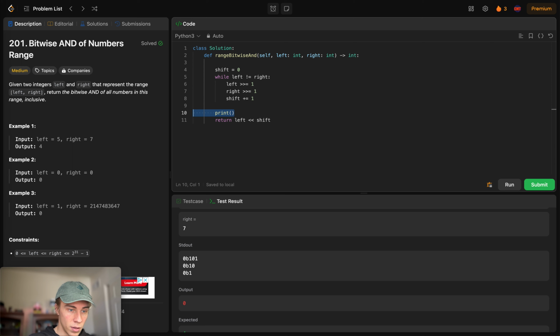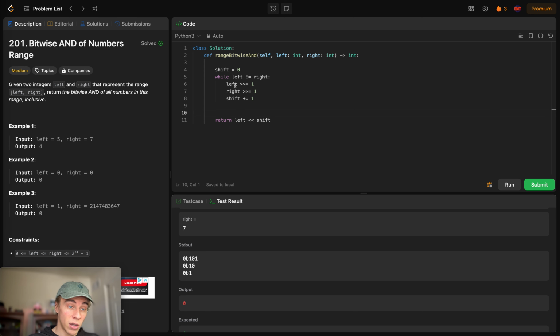What I'm doing here is finding the same prefix on both left and right, which, due to the nature of the AND, is going to result in the same number, because a number ANDed with itself is going to be itself.